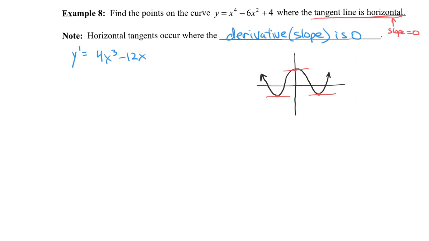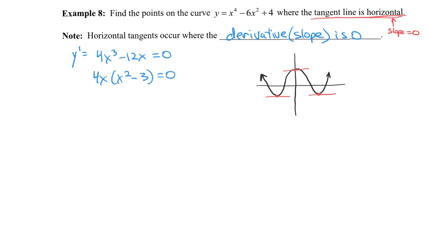And we need to see where this is 0. So we take that derivative and set it equal to 0. We have a cubic, which typically would be a nightmare to solve, but in this case it's not at all, because we can factor out a 4x and get x squared minus 3.